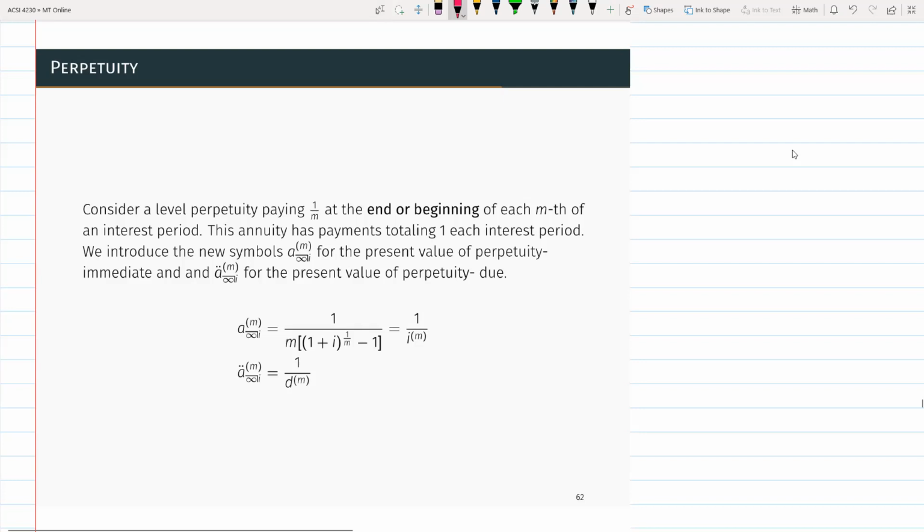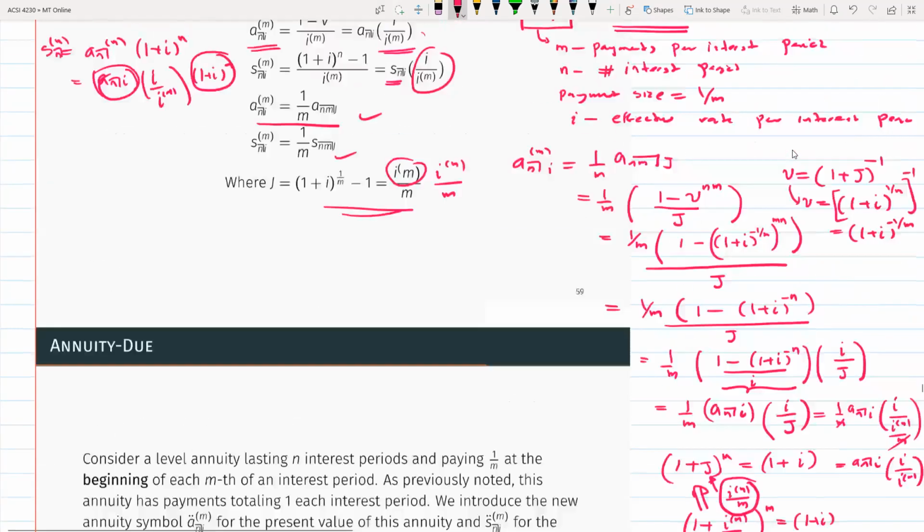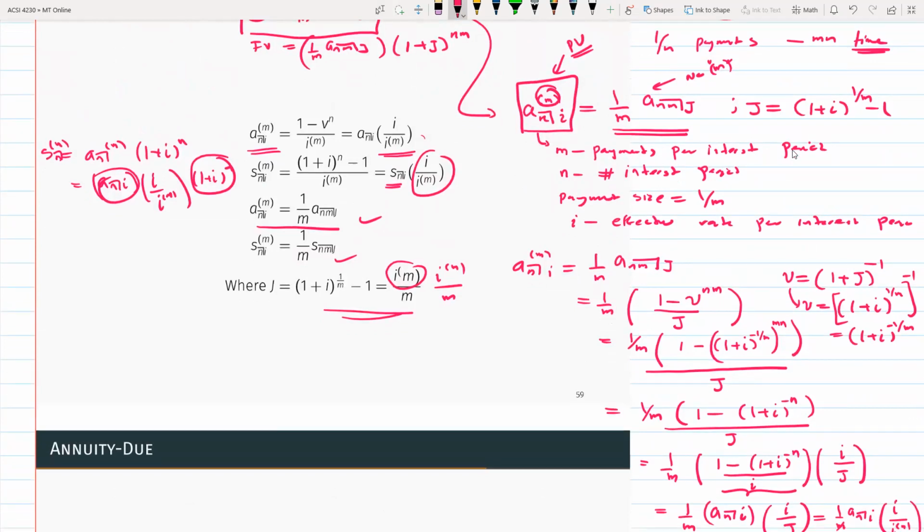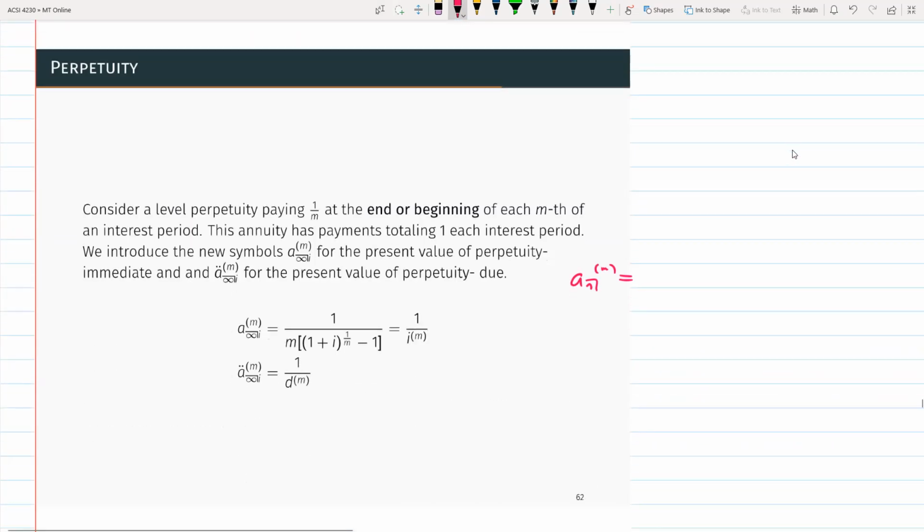It is 1 over m times a_{n|j}, which is 1 over m times (1 - v^n) over j.